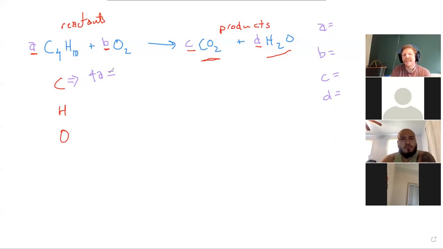C. Molecule C has 1 carbon, so all that I'm going to do is say C. I could say 1C, but you can kind of ignore that 1. Does everyone understand, or does anyone have any questions on how I got 4A equals C? Okay, so that's my first equation.